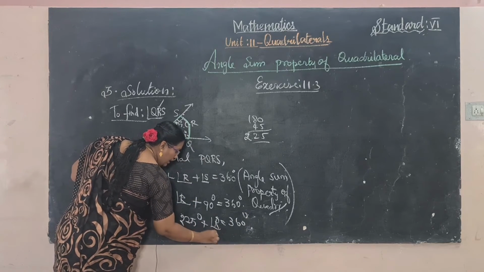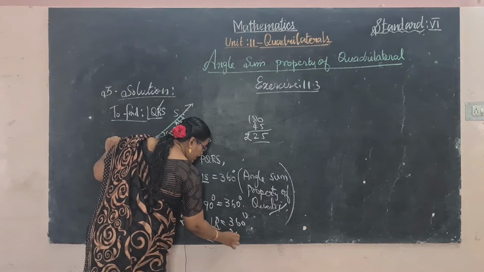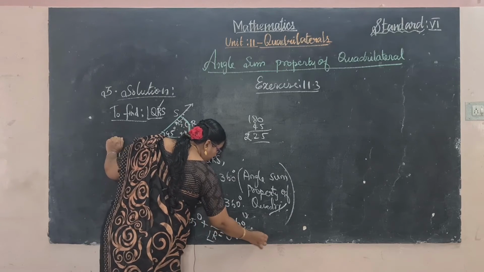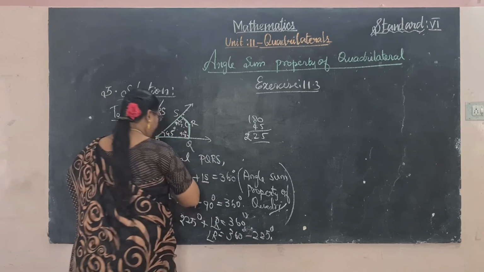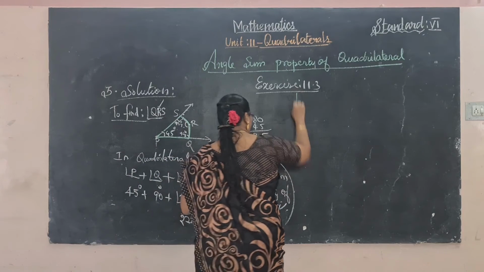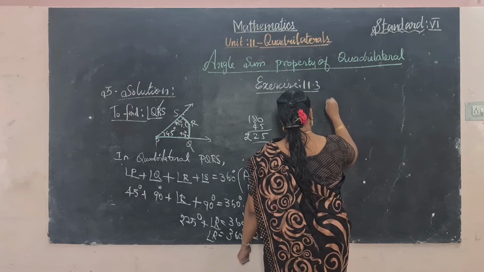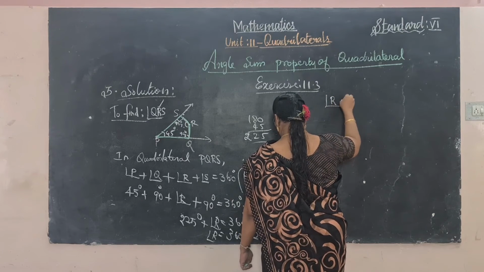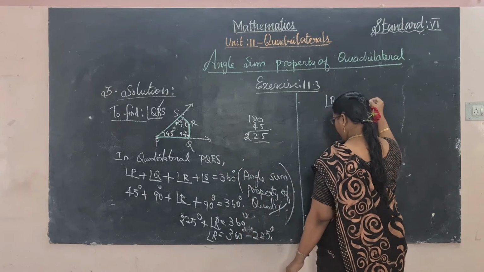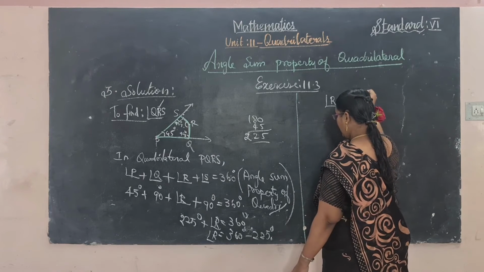So angle R equal to 360 degree minus 225 degree, which is 135 degree.